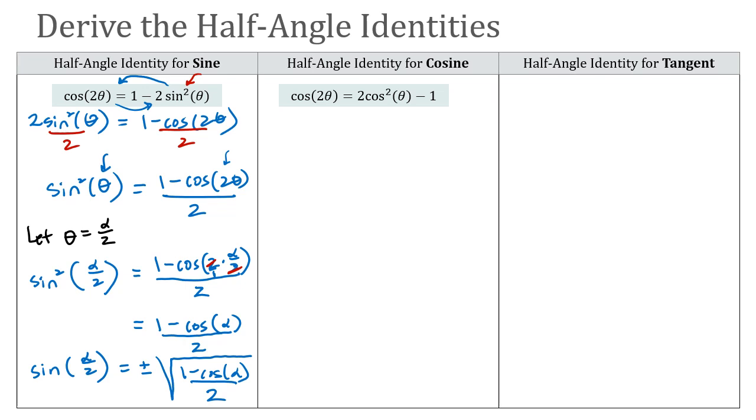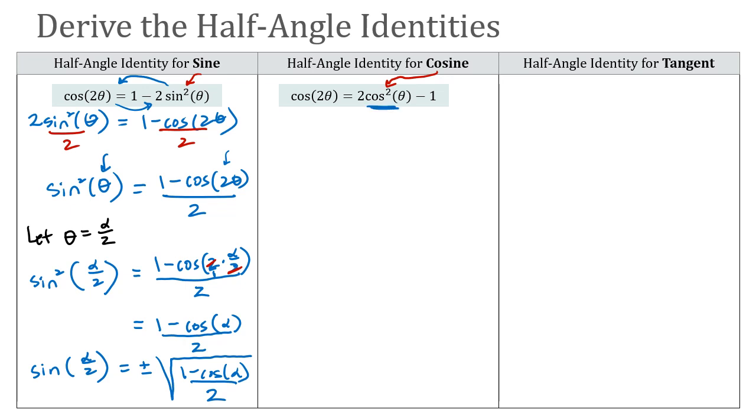Now, let's do the same thing for the half angle identity for cosine. Again, you're going to see me start out with the identity for the double angle for cosine, but this time, because I'm looking for cosine, I am going to use the identity for the double angle that involves cosine, okay? And I'm going to do the same process of trying to isolate that cosine squared.